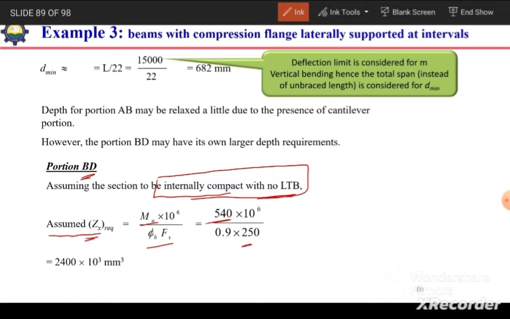So the required section modulus is 2400 into 10 raised to power 3. So now we need to select the section based on these two criteria, the D minimum 682 and Sx required 2400.